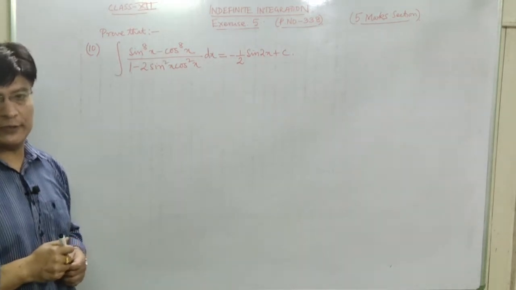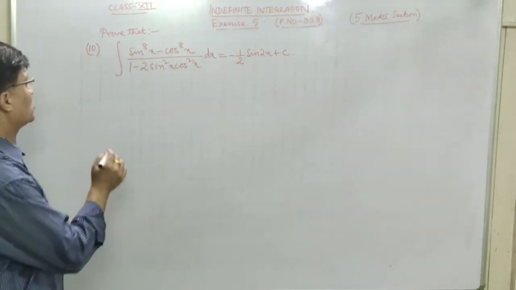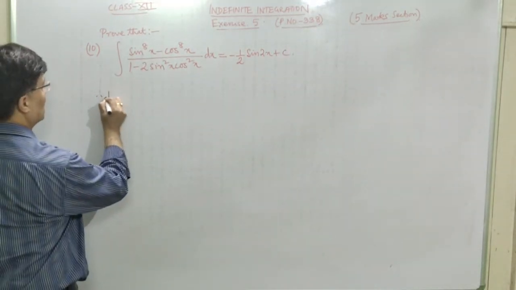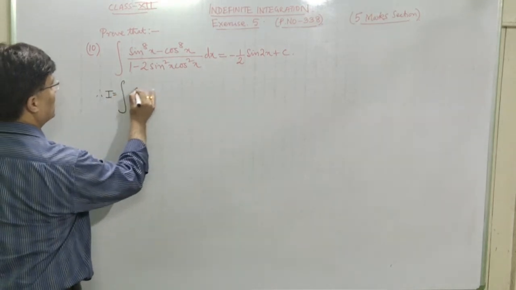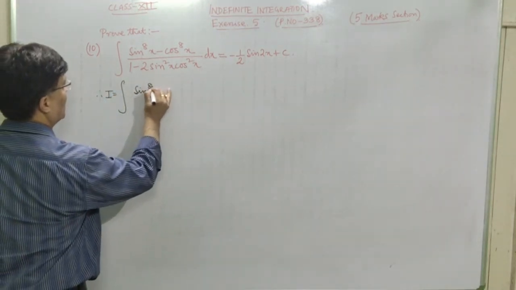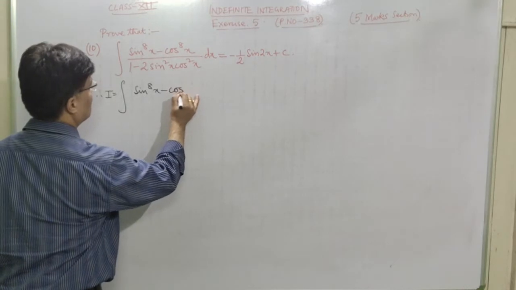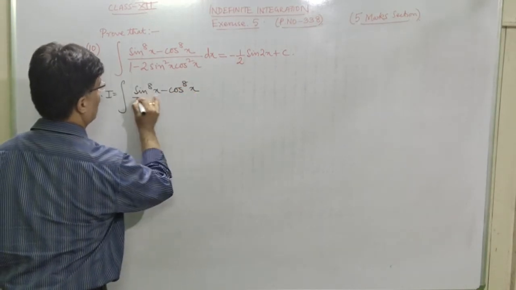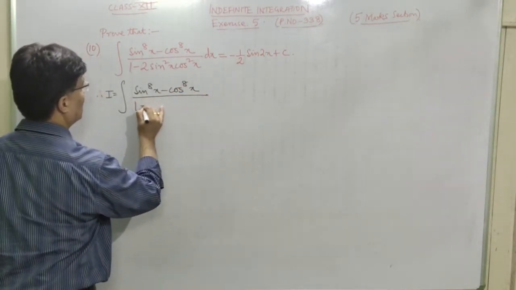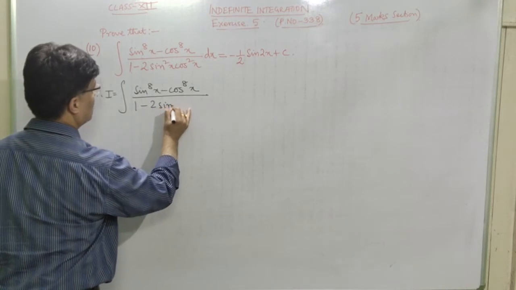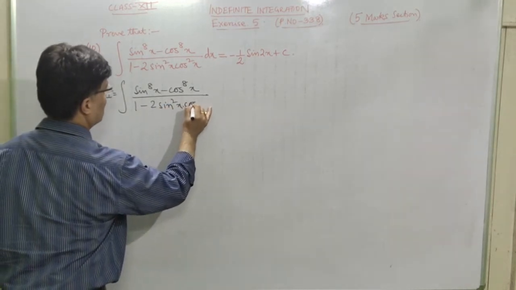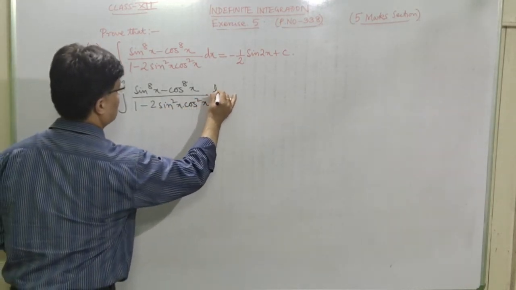So let us prove it first. Okay, so now let us write here I is equal to the integration of sin to the power 8x minus cos to the power 8x divided by 1 minus 2 sin square x into cos square x dx.